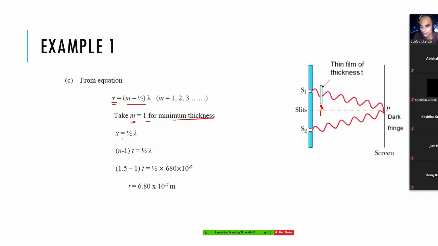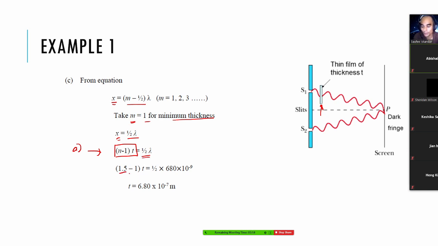So x equals 1 over 2 lambda. Remember the one we derived together, the answer for part A: n minus 1 times t, the optical path difference between source number 1 to P and source number 2 to P, is n minus 1 times t equals 1 over 2 lambda.